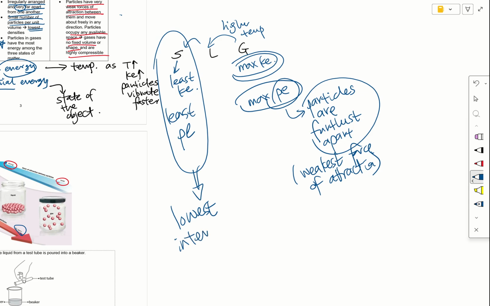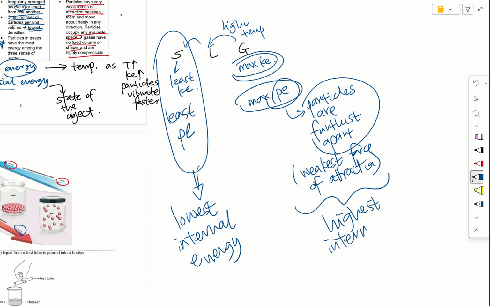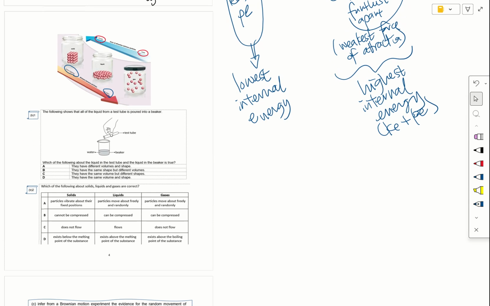If I'm comparing the same substance in solid, liquid and gaseous state, solid will have the lowest internal energy, whereas gas will have the highest internal energy, because internal energy is the sum of KE and PE, KE plus PE. Gas will have the maximum KE due to it being at the highest temperature, and it has the maximum potential energy due to particles being the furthest apart. So you might want to take note of this.